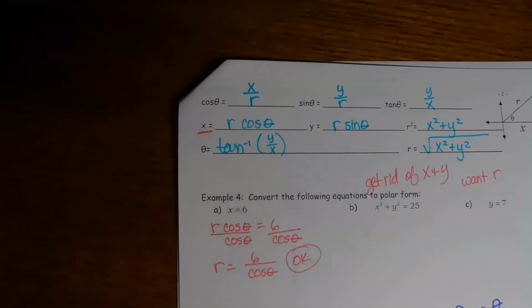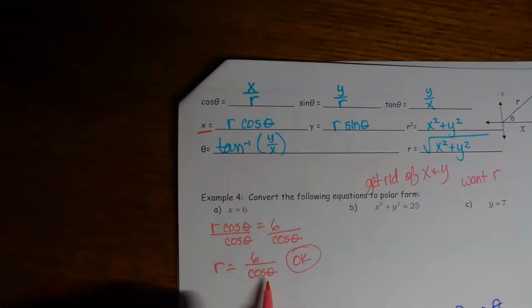That's okay. It's all right. It's a decent answer. Can you think of a better answer? What's not beautiful and perfect about this? Do we leave trig functions in the denominator? No. We'd really rather have cosine up out of the denominator.